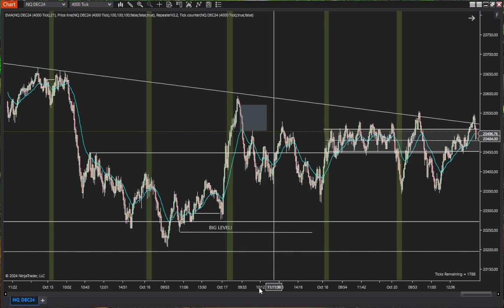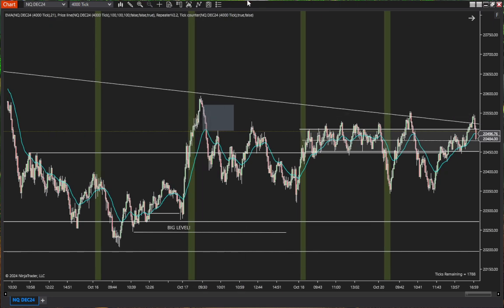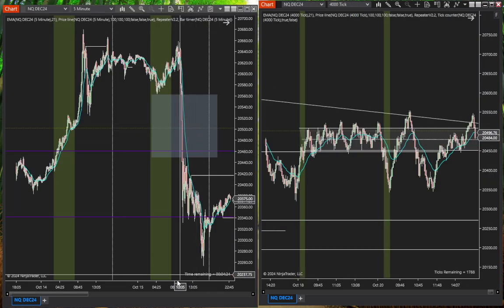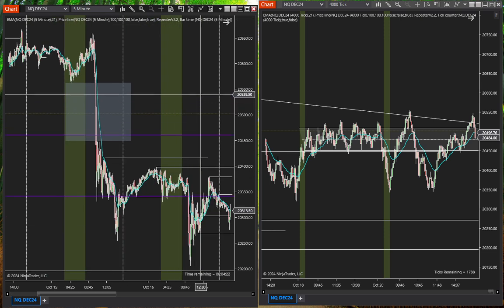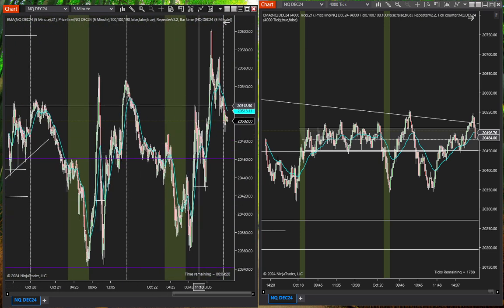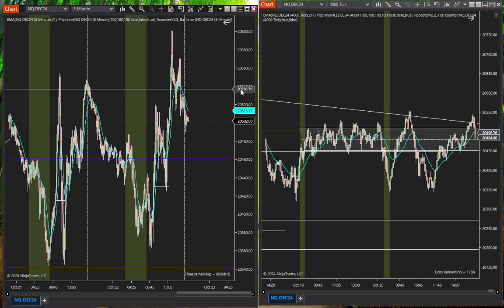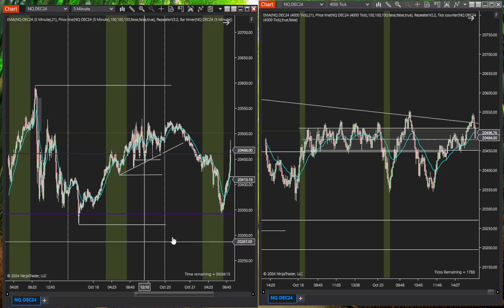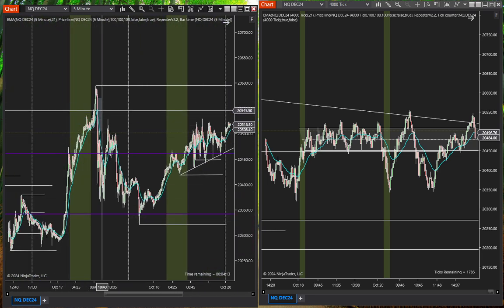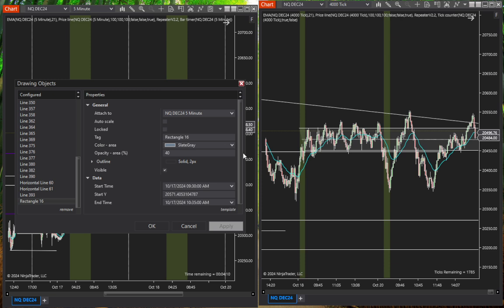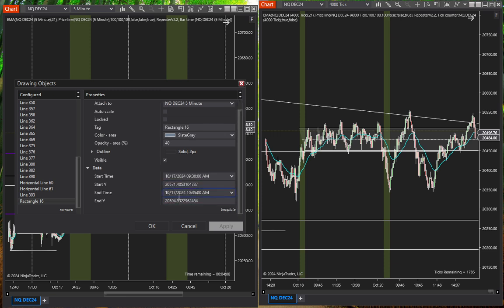We do have an imbalance that was created on this level here. And when I say that, if we move this 5-minute chart over, that's this level right here. Let's bring this 1030.